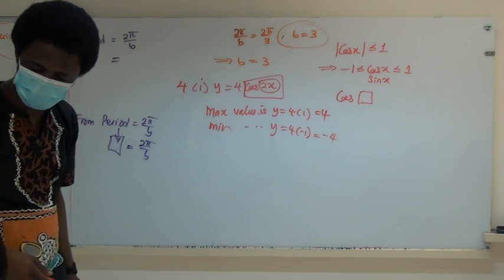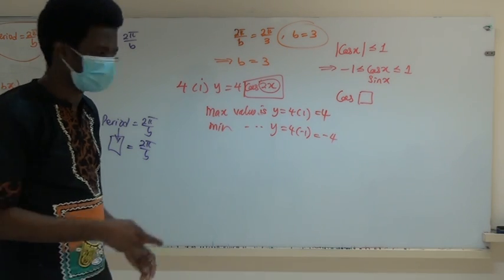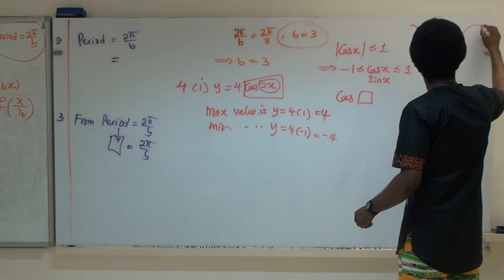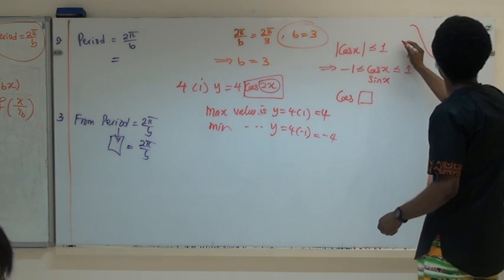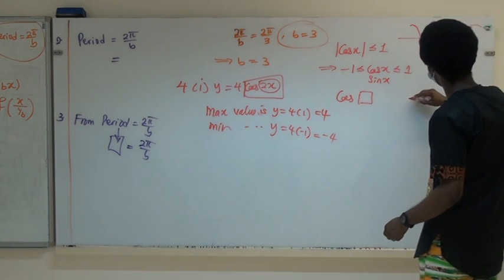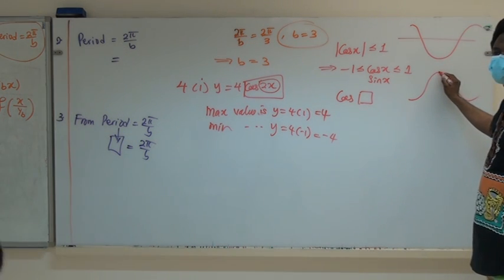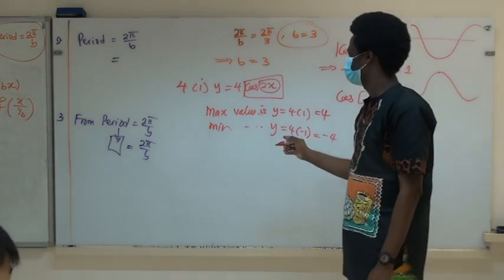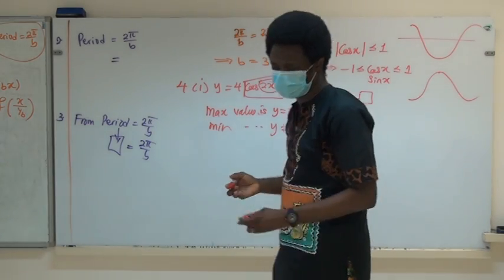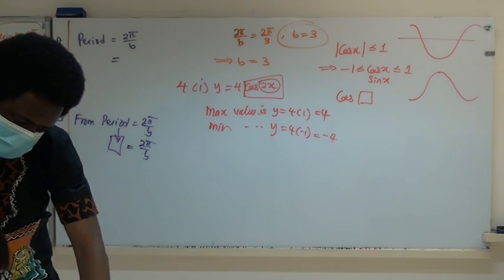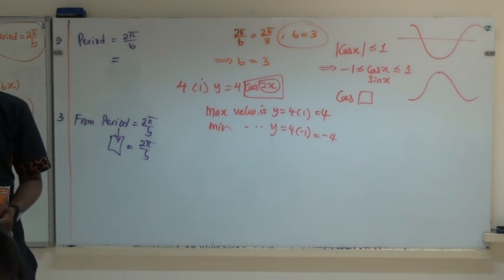This is being flipped. So when it is being flipped, the original one looks like this, right? And now, when you flip it, it's starting from below, okay? So this is the maximum. So in that case, the maximum value of the function is when the cosine part is minimum this time.